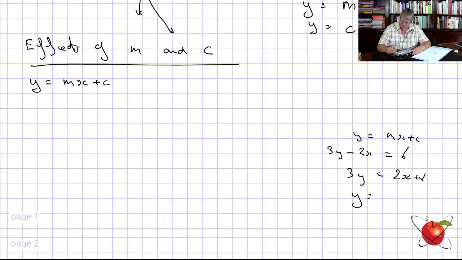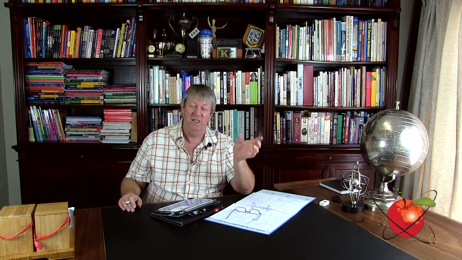Then y is going to be (2x plus 6) over 3, which is going to be 2/3 x plus 2. I just divided everything by 3. That is how you manipulate to standard form. And we're going to learn how to manipulate them all to standard form. Very, very critical part of the work.